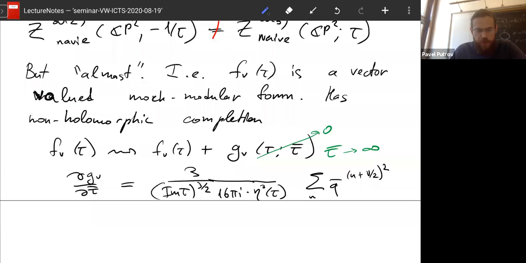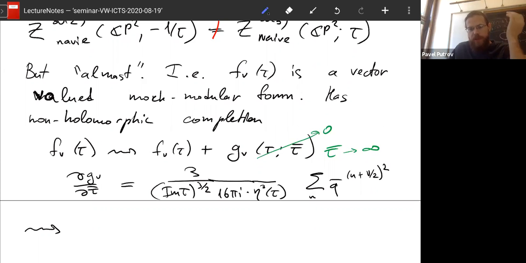modular form. So we know that this holomorphicity property is a bit naive, so it can fail if there is a contribution from the boundary.